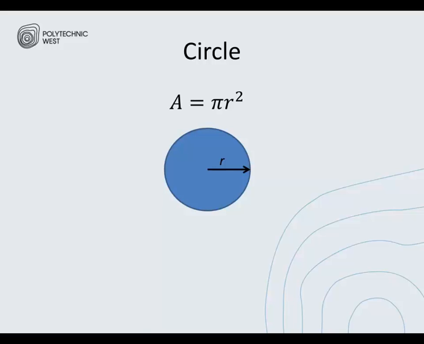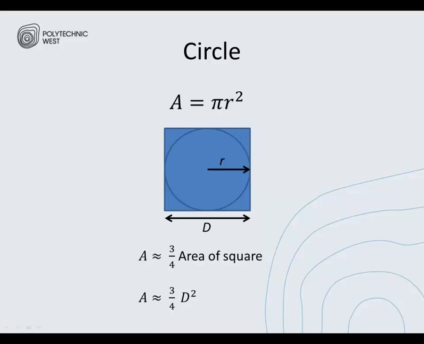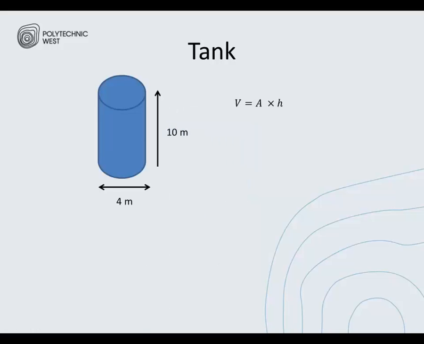What's easier is to stick a square around it and then just deal with the diameter, d, because the area of that square is just d times d, and the area of the circle is approximately 3/4 of the area of the square. So the area of the circle is approximately 3/4 d squared. It's a lot easier to do.